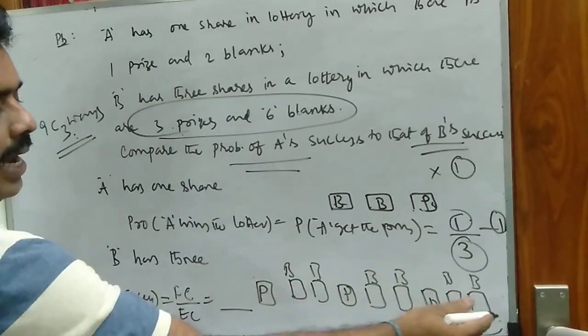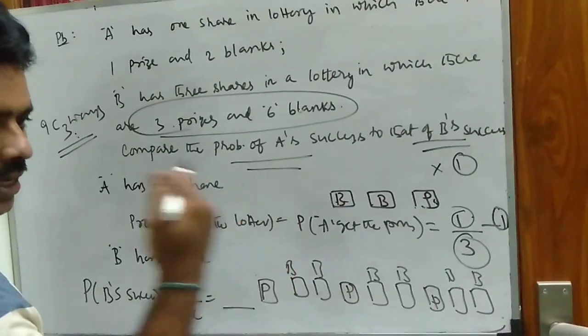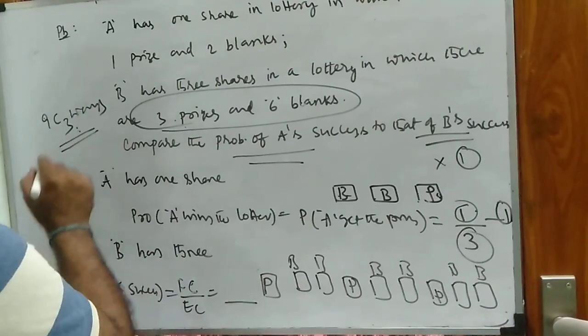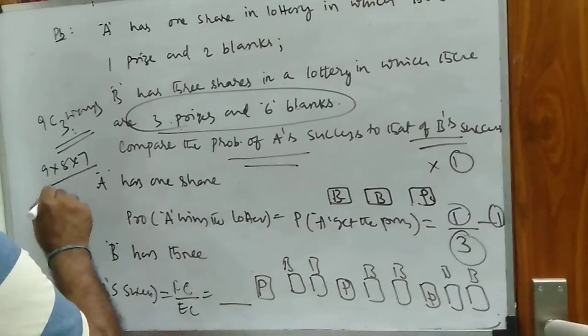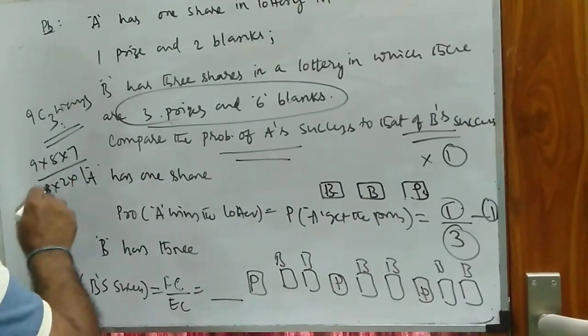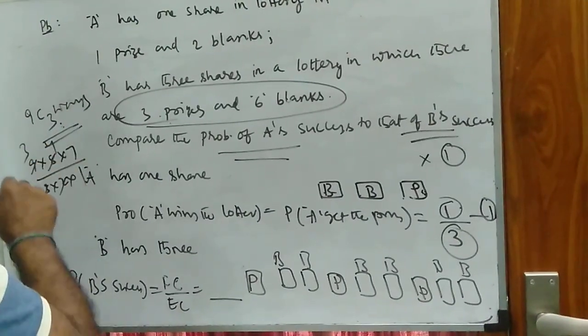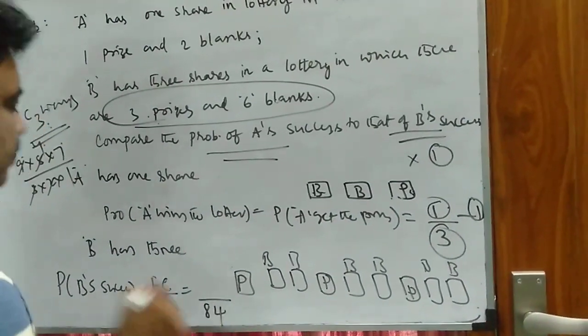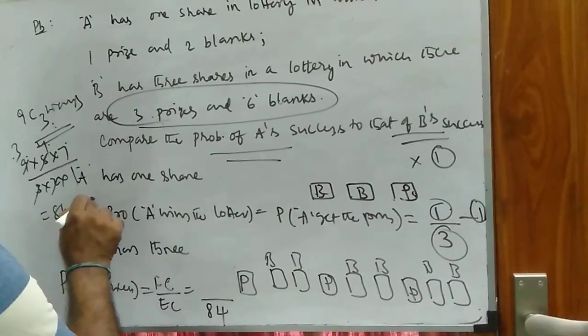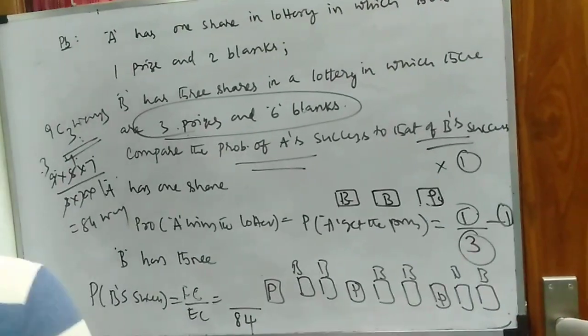He has 3 shares, so he can draw 3 tickets, and that can be done in 9C3 ways. That is 9 into 8 into 7 by 3 into 2 into 1. 3 3s are 9, 2 4s are 8, 4 3s are 12, 12 7s are 84 ways. That will be in the denominator.